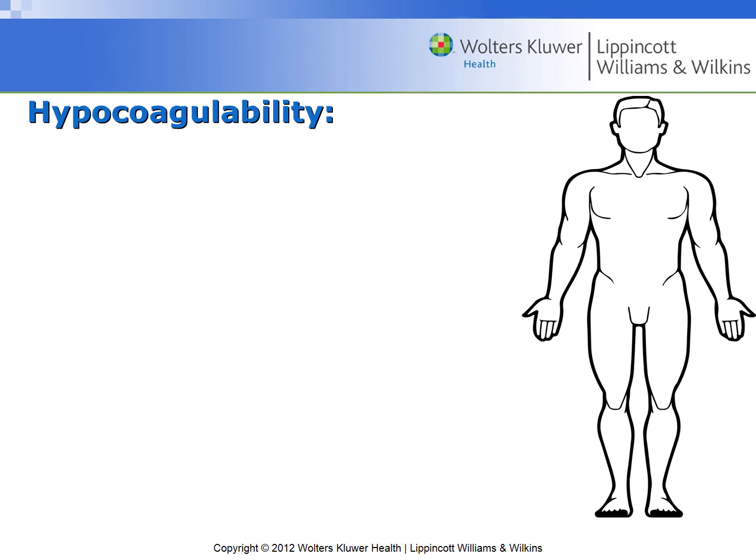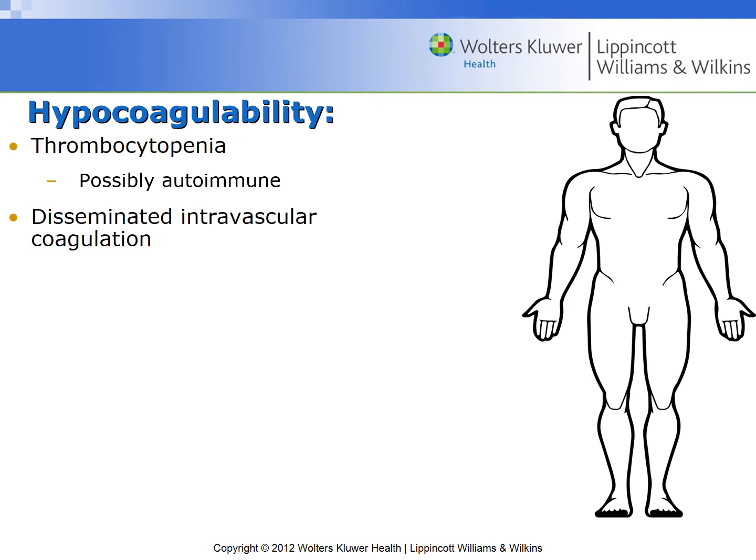Hypocoagulability, too low, right? Thrombocytopenia, possibly autoimmune in nature. We have disseminated intravascular coagulation, meaning that the clotting cascade has been triggered and clots form throughout the body.